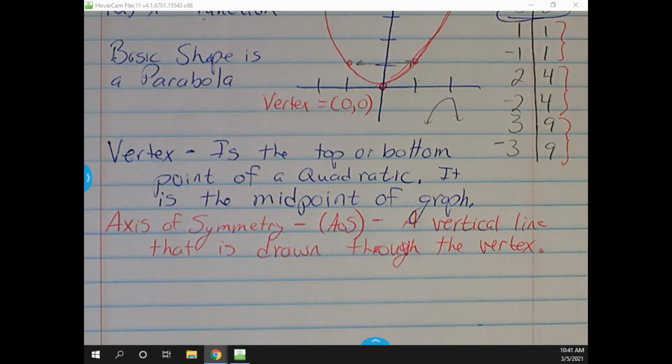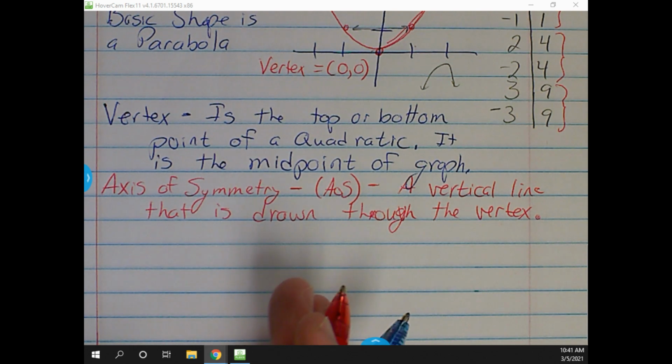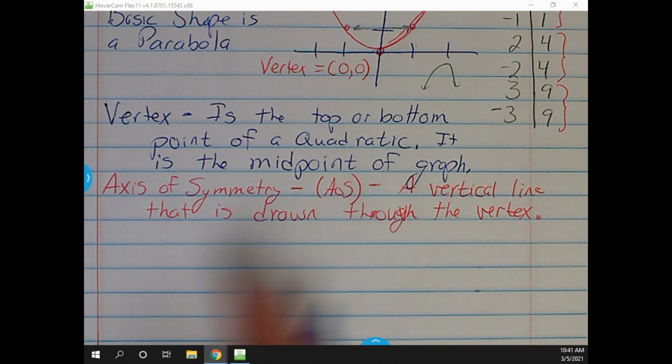Okay, and again, because the vertex is the midpoint of the graph, the axis of symmetry is a line of symmetry. So the right side of the graph should now be the same as the left side of the graph.